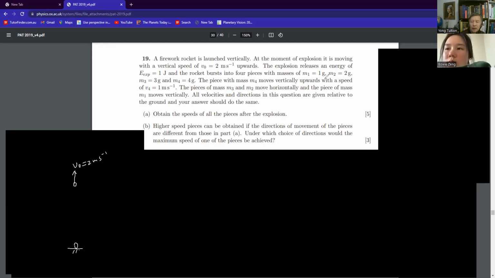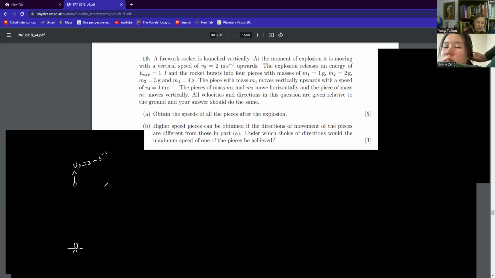Wow, 1, 2, 3, 4. How can we draw the 4 pieces? The piece with mass 4 moves vertically upward with a speed equal to that. The pieces of mass 3 and 2 move horizontally. So basically, what happens is this is the initial condition.